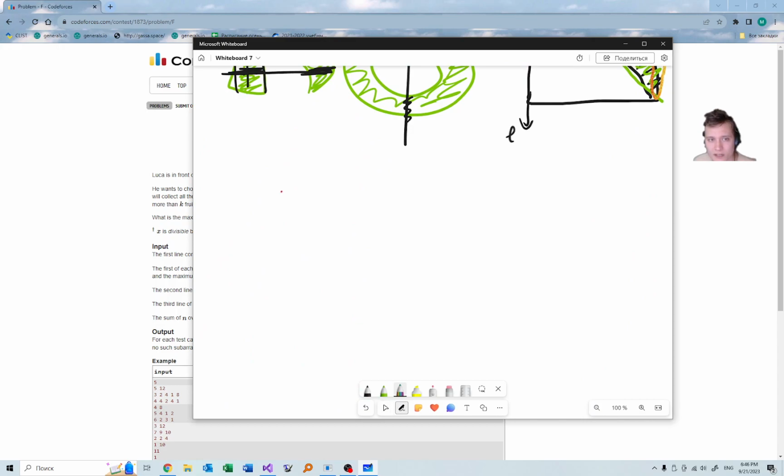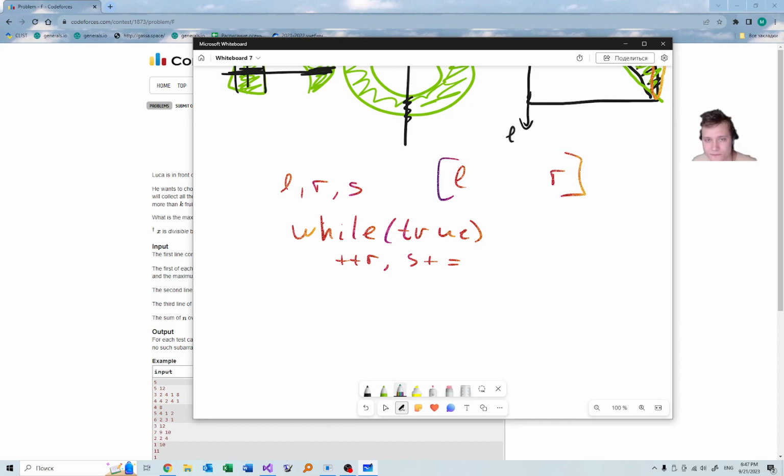Like we have L, R, and sum. So we do the following in the cycle. We say plus plus R, sum plus equals, let me do it inclusively. So we have L and R inclusive.